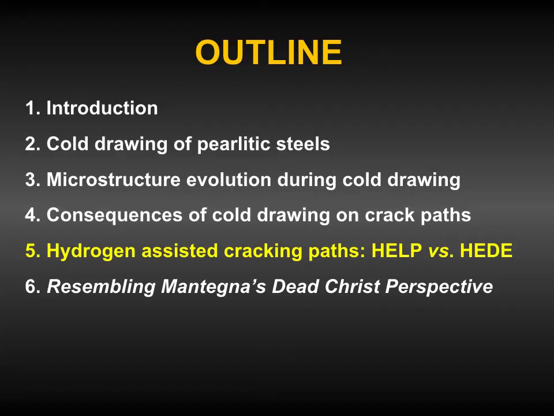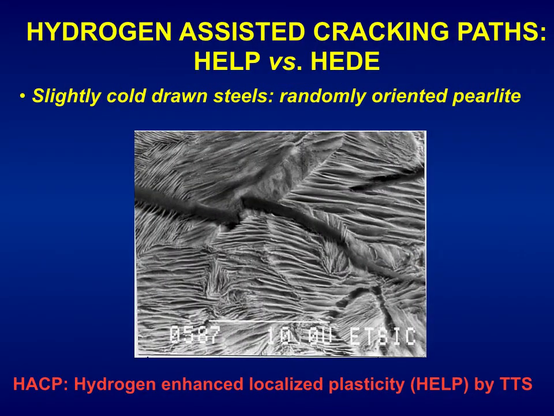Then, let's go to the fifth part of the presentation, hydrogen-assisted cracking paths, HELP versus HEDE. Hydrogen-enhanced localized plasticity versus hydrogen-enhanced decohesion. Here we have the mechanism for the lowest degree of cold drawing.